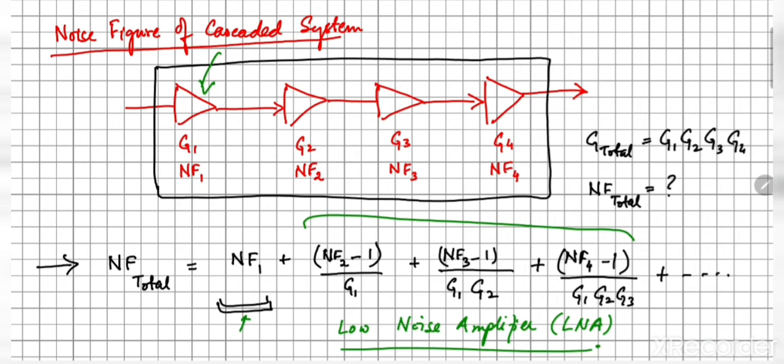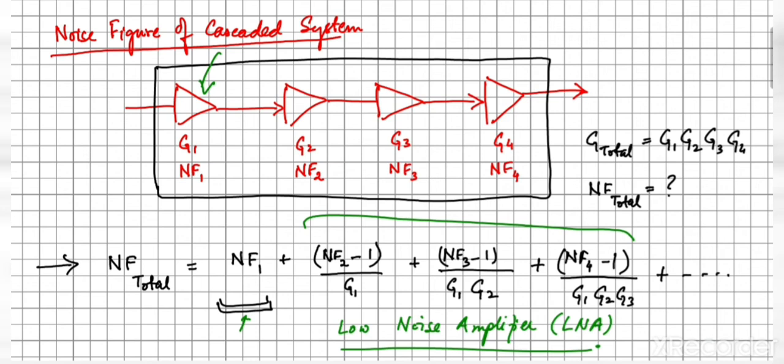This amplification might be moderate, only around 10 or 20 dB, but it does this amplification with a very low value of noise figure, such that the remaining subcomponents G2, G3, and G4 can provide the remaining gains even with higher values of noise figure, but it still leads to a sufficiently low noise figure of the complete system.